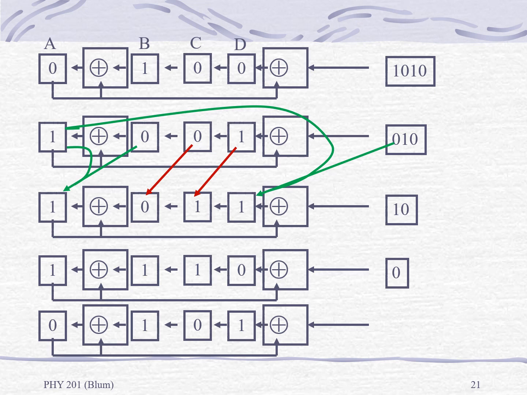The 1 that's in position A in row 2 and the 0 that's in position B, they are excluded OR'd and give us the 1 that is in position A in row 3. And the 1, again, that's in position A is excluded OR'd with the 0, that 0 on the left that is coming in. And again, the 1 excluded OR'd with 0 gives us that 1 in position D in row 3.